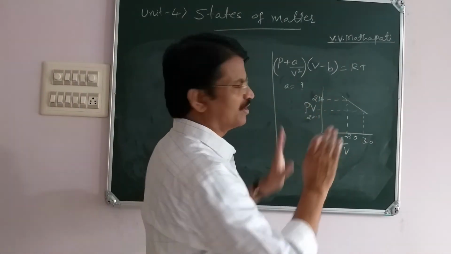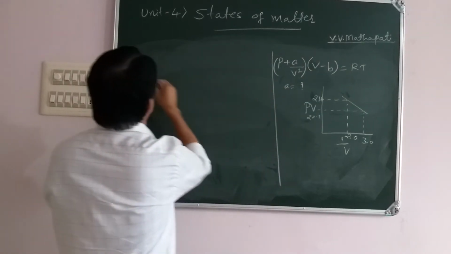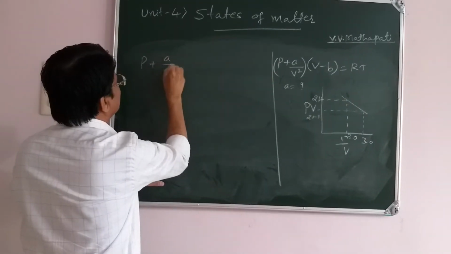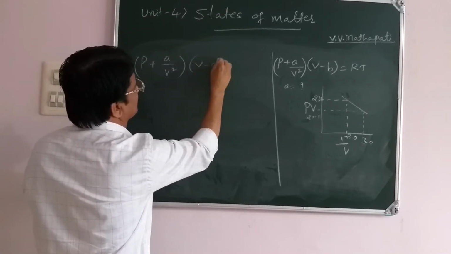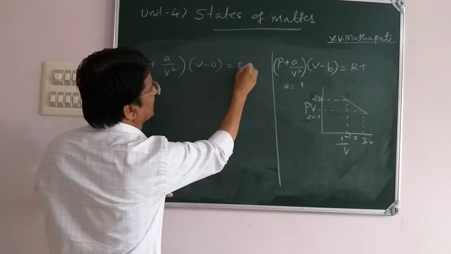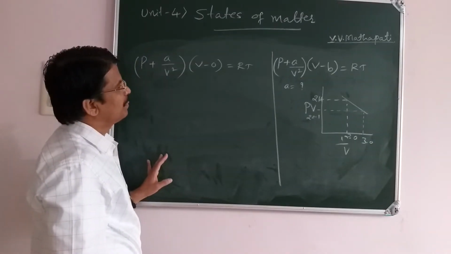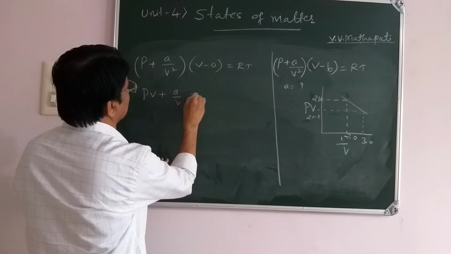Now rearrange this formula. First I will rearrange this one: P plus A by V square, V minus 0 equal to RT. Then PV plus A by V equal to RT.